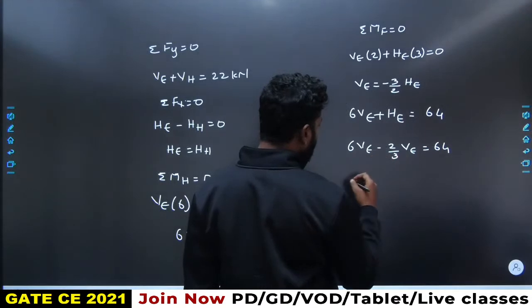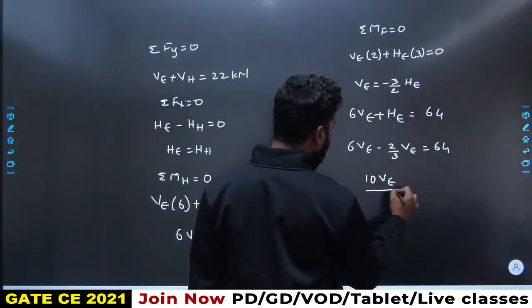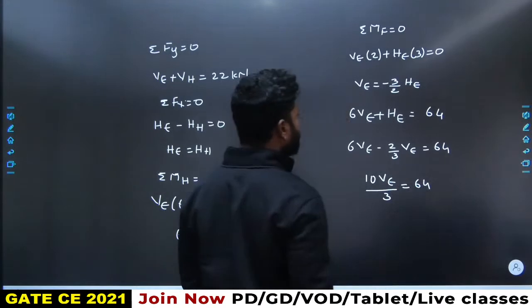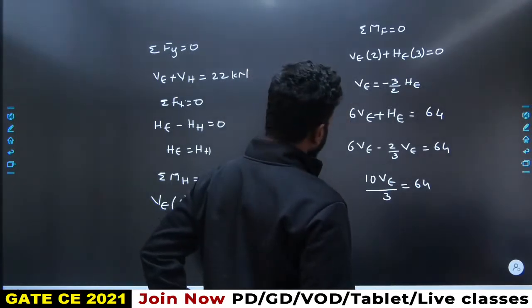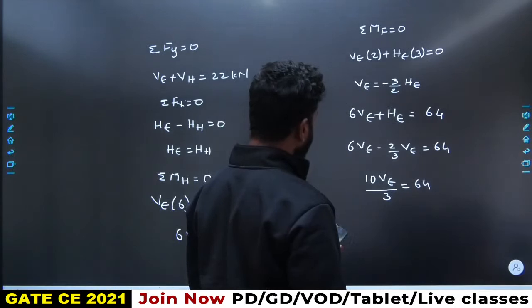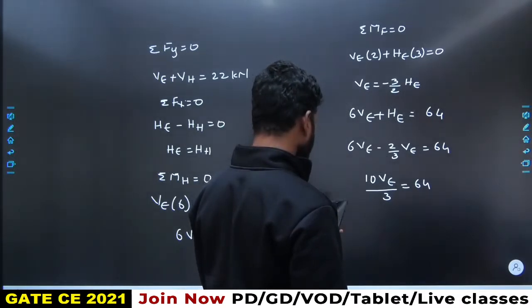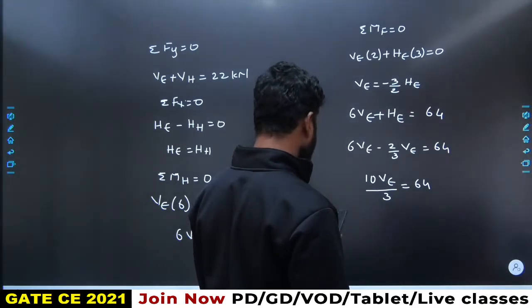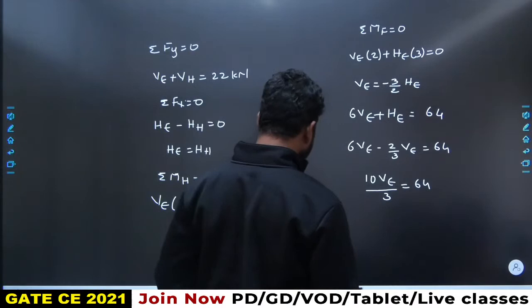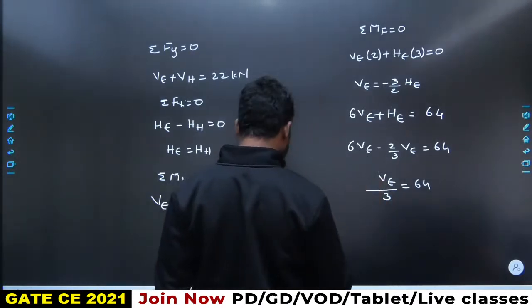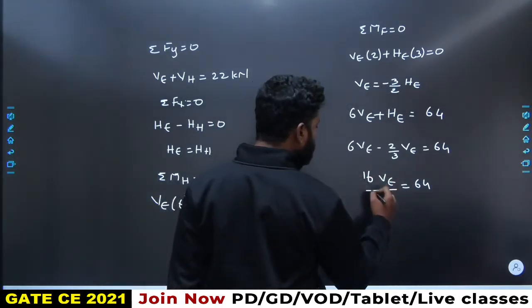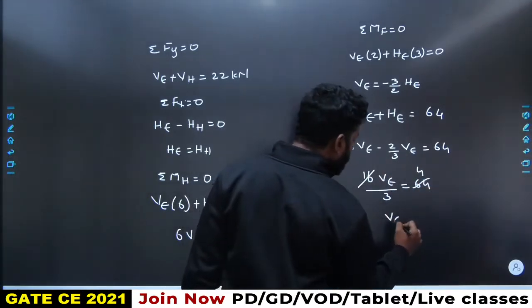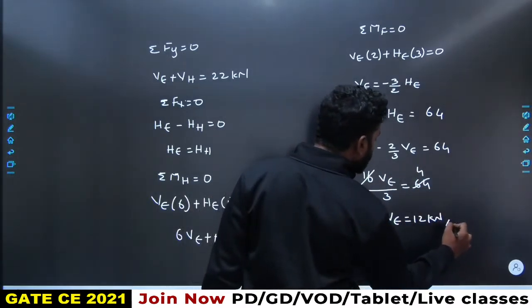So, 3 6s are 18, minus 2, this is 16, fine, 16 into 4 is 64. So, VE you will get as 12 kilonewtons.